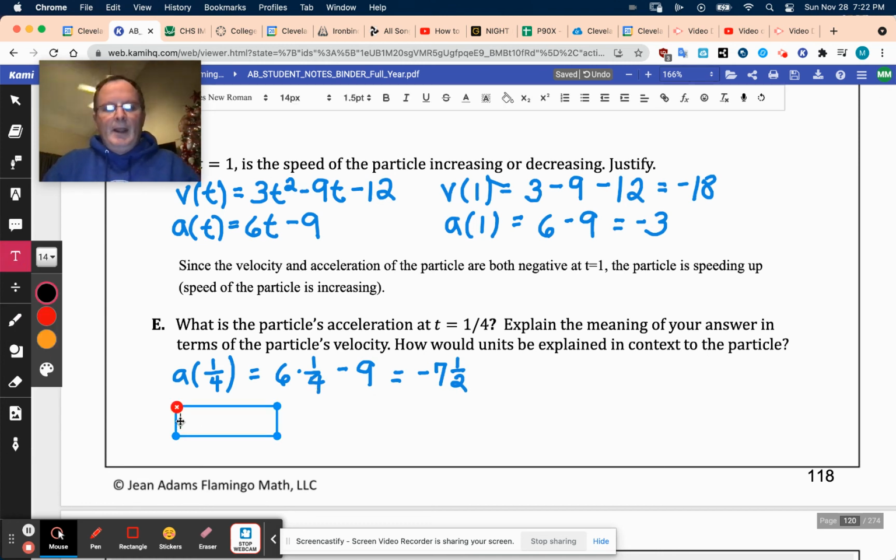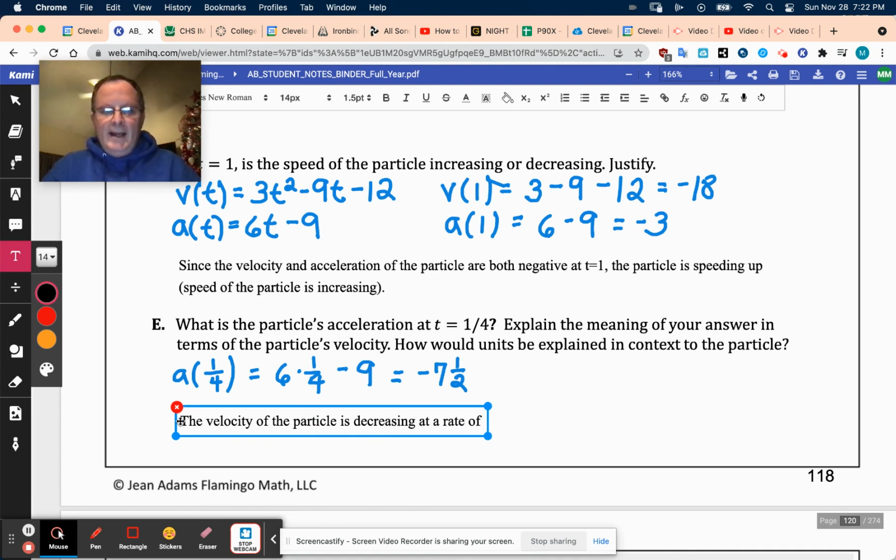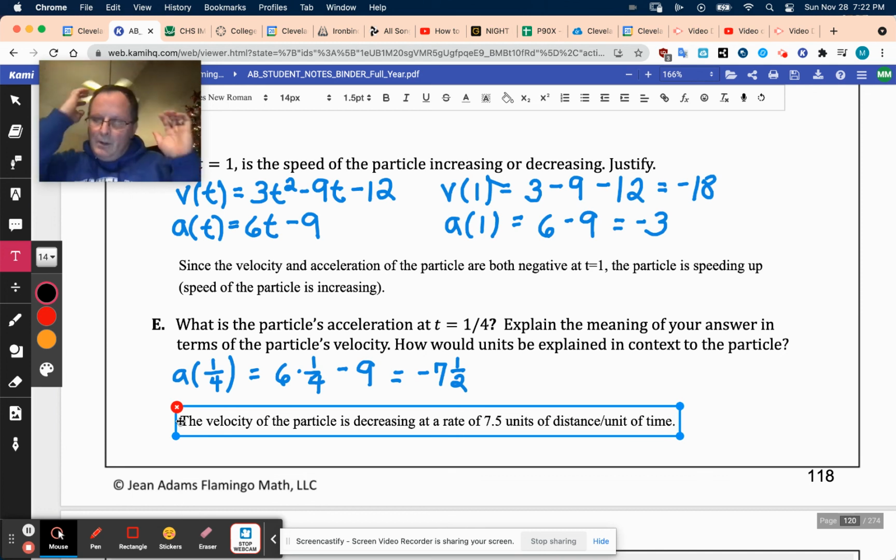What this means is the velocity of the particle, and that's what it's asking us to talk about, is decreasing at a rate of 7.5, whatever the units are, units of length or distance for each unit of time. So that's how the velocity is changing.